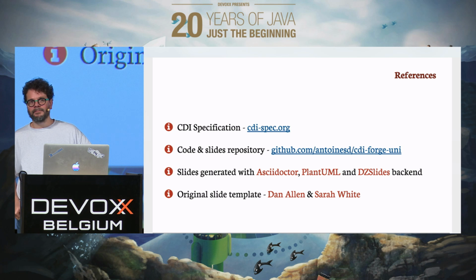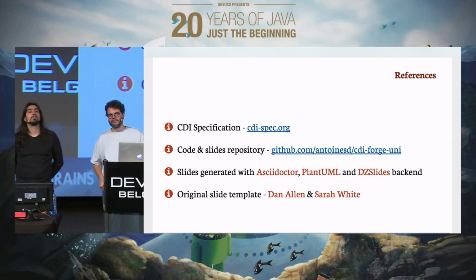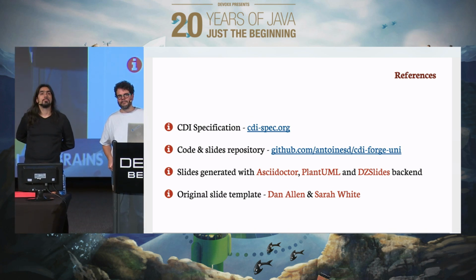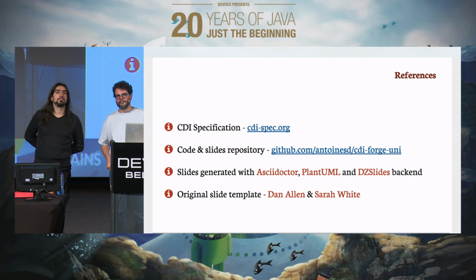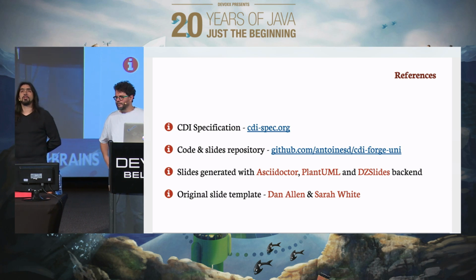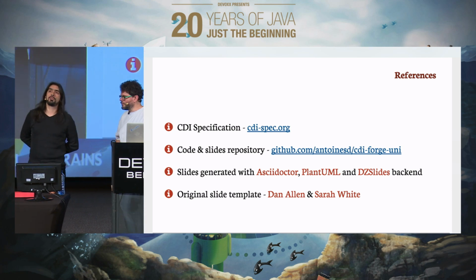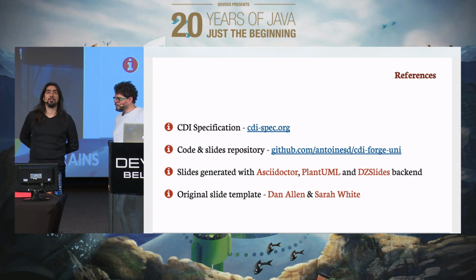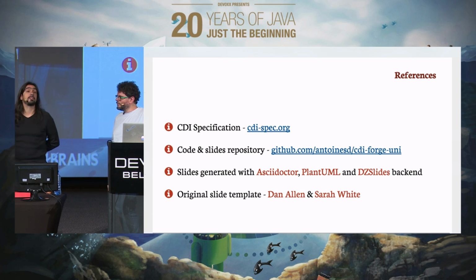Yep. You said I can use CDI extensions to add features to Java EE 7. So that means extensions are also scanned within libraries which I include in my application? Yeah, so the question was, can we use extensions to add more features to Java EE? And the answer is yes. That's exactly the way you do it.